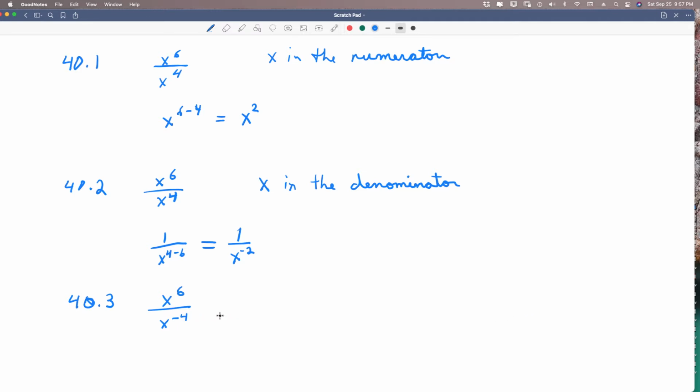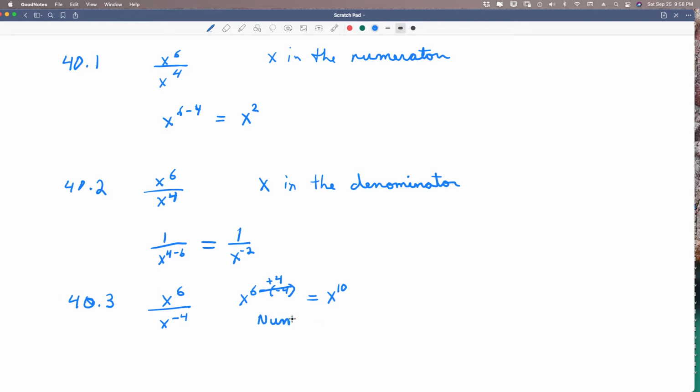So let's move everything to the numerator first. If we're going to subtract the one that's moving, then that means that we have x to the 6 minus a negative 4, right? Two negatives cancel each other out, so this actually becomes plus 4. So 6 plus 4, this becomes x to the 10.